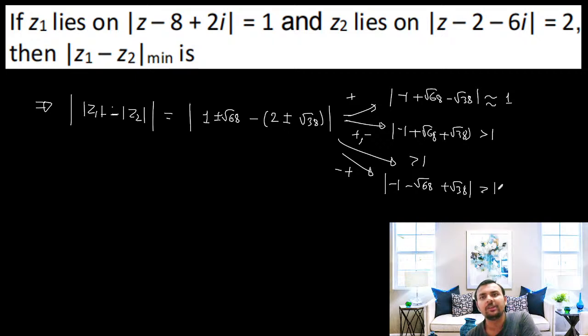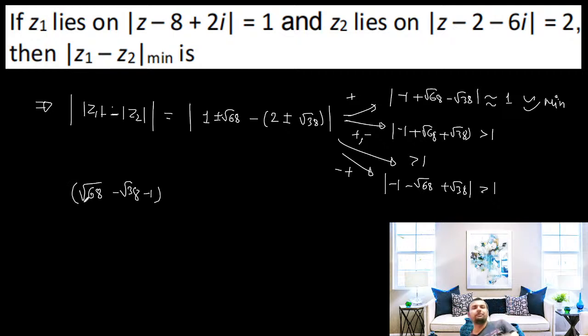This is more than 1. So this is the value which is minimum. This is the minimum value: root 68 minus root 38 minus 1.